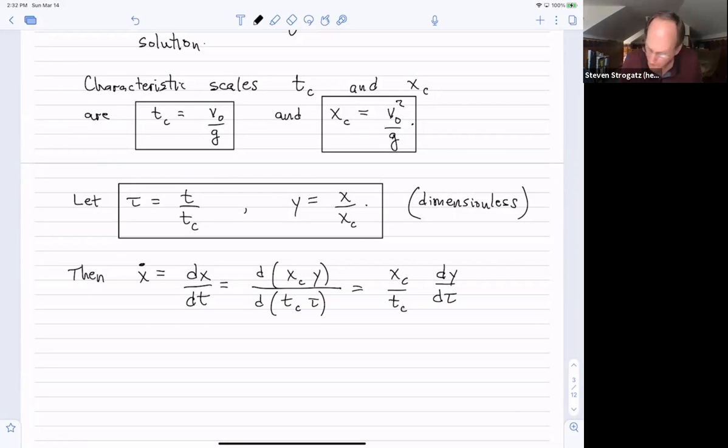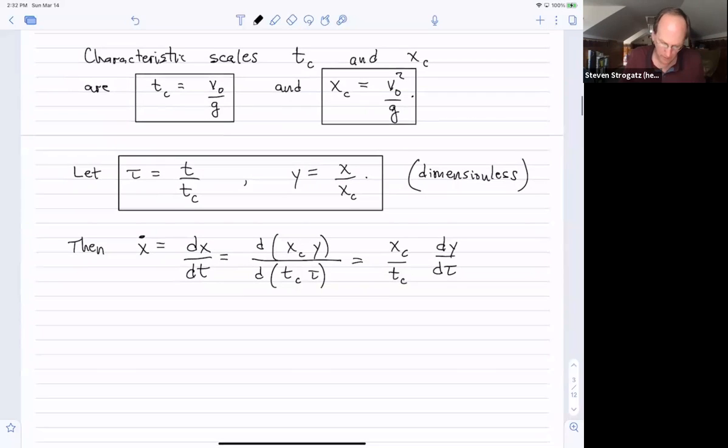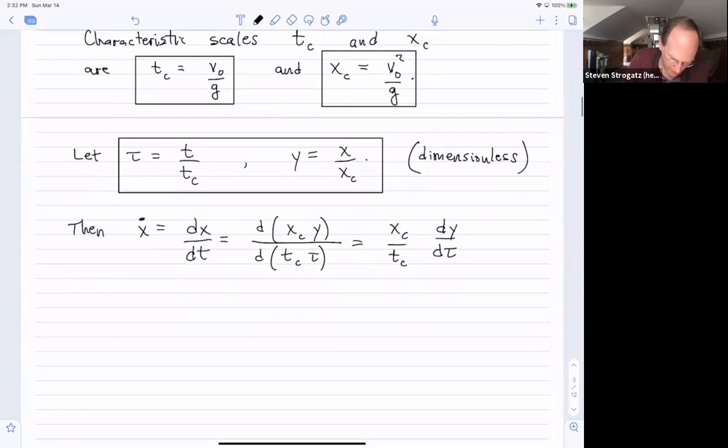Xc over Tc, we can combine to simplify things a little bit, if we wanted to. We'll get something that has just a V0 out in front. Actually, let me do x double dot while I'm at it. So x double dot will come out to be, skipping a step here, xc over tc squared, which has units of acceleration, times the second derivative of y with respect to this dimensionless time.